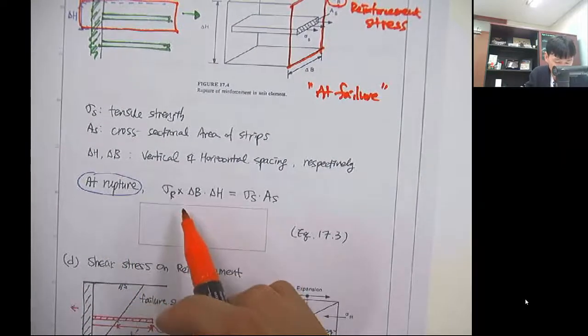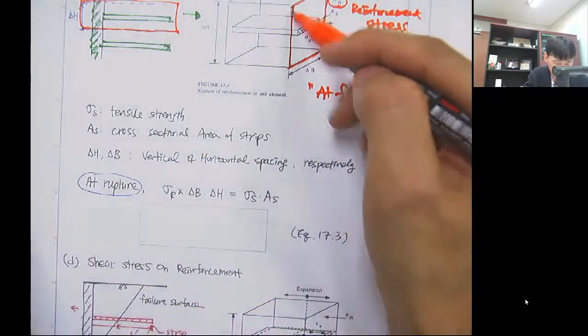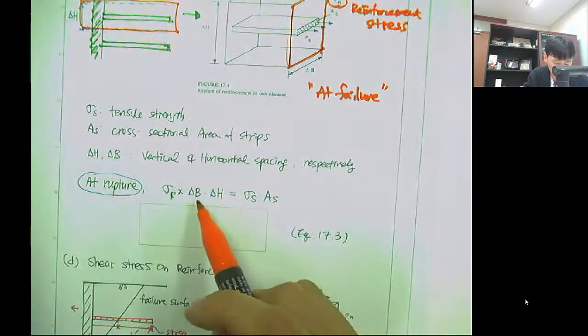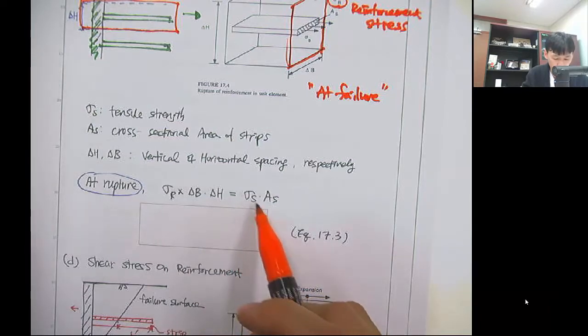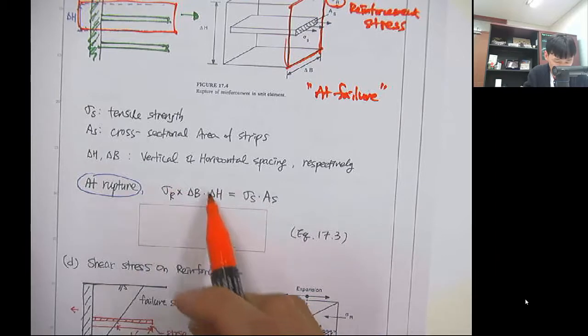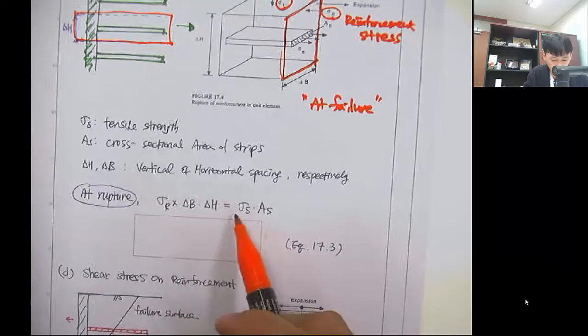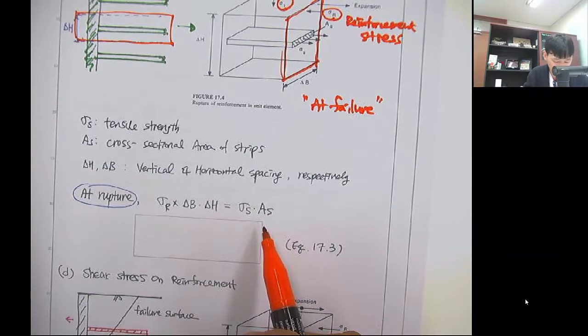So at the rupture, by the force equilibrium, sigma r times the whole sectional area, delta B times delta H, equals the sigma S times AS. So the reinforcement stress results from this tensile strength of the material.